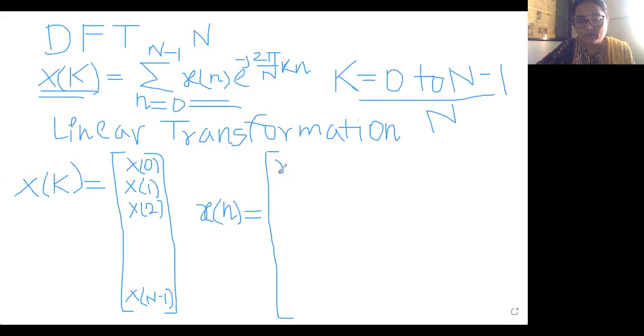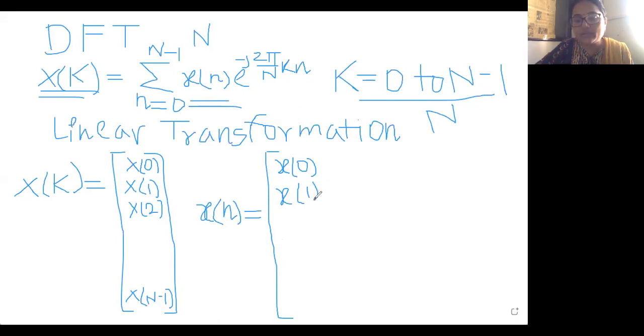The range of n is 0 to n minus 1. So the first value of x of n will be x of 0. Then the next value is x of 1.